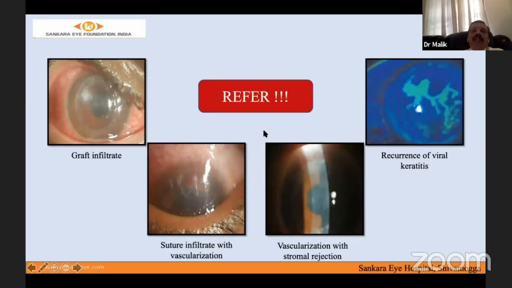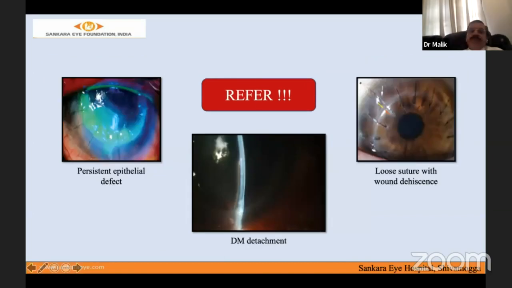And what are the red flags and when to refer to the specialist? So when you have a graft infiltrate like this, and suture infiltrates with vascularization, and there are signs of stromal rejection, because rejection is very unlikely in DALK, but still a very few patients can develop rejection. This should be referred immediately. And if you see a recurrent viral keratitis, this should be referred immediately.